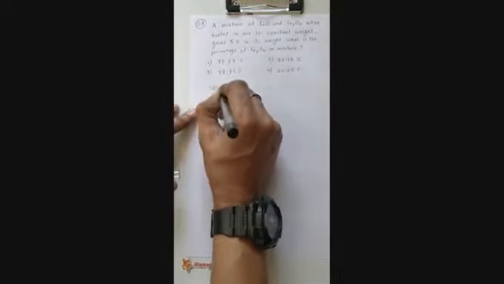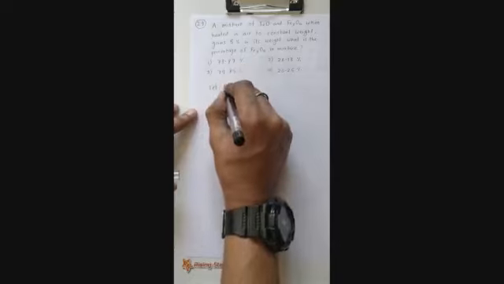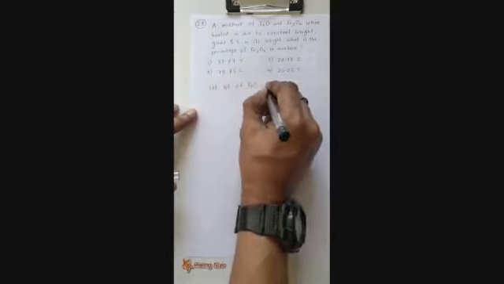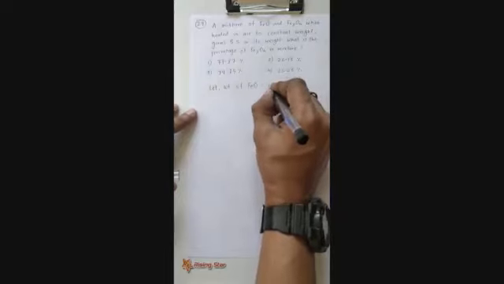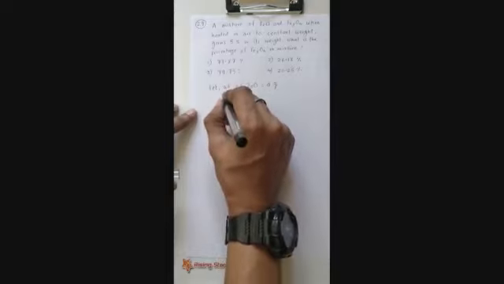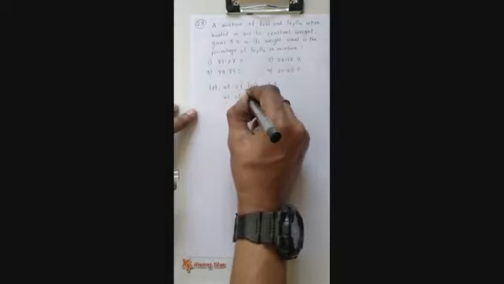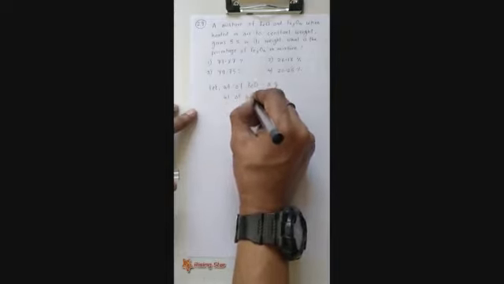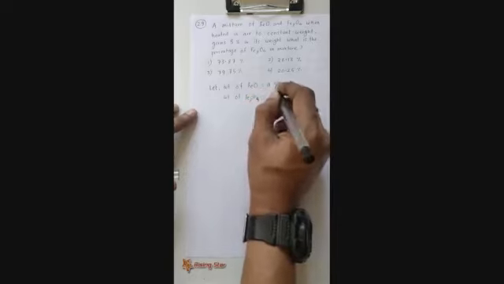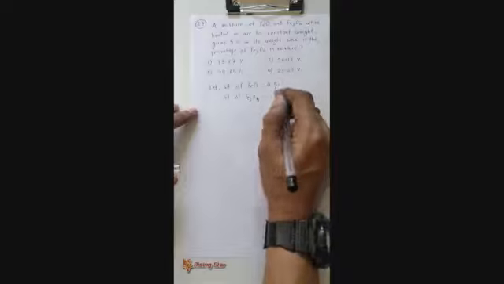First things first, the weight of FeO, I'm going to consider as something, let's say A grams, and the weight of Fe3O4, I'm going to consider as B grams.